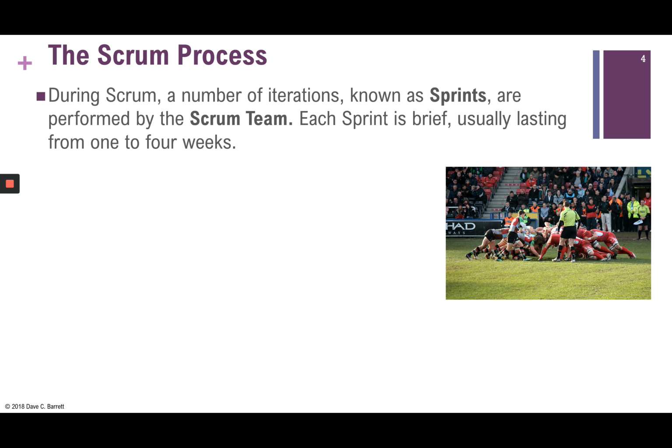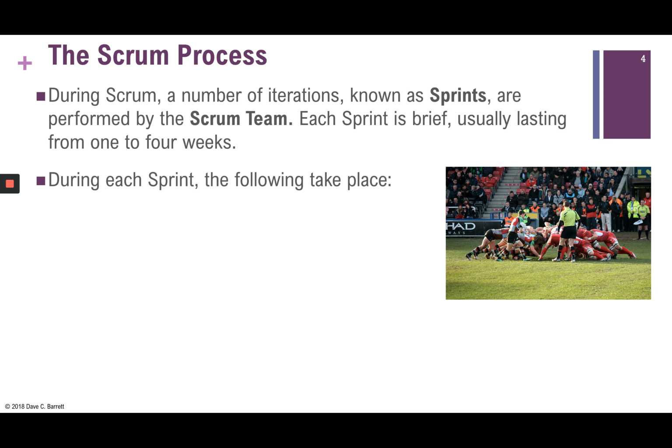During Scrum, a number of iterations occur, known as sprints, and they are performed by the Scrum team. Each sprint is brief, usually lasting from 1 to 4 weeks. During a project, each sprint is always the same number of weeks. So if a sprint is defined to be 1 week in a particular project, all sprints will be 1 week. Likewise, if it was 2 weeks, all sprints would be 2 weeks during the project.